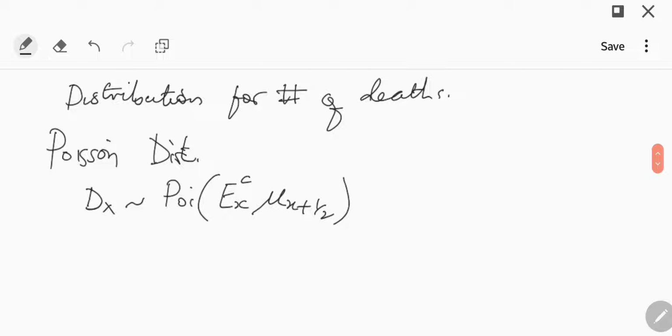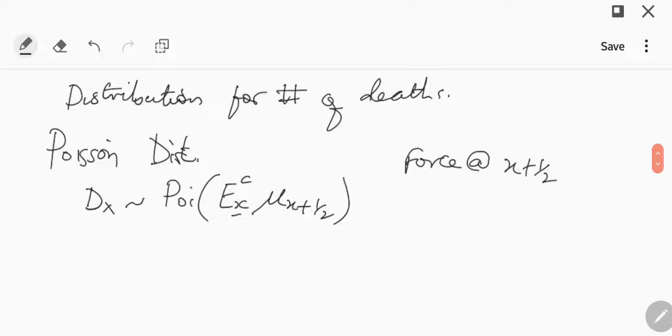So this means that I'm taking the force of mortality at age x plus half, and that particular force of mortality I'm multiplying with the total central exposed to risk at that particular age x.